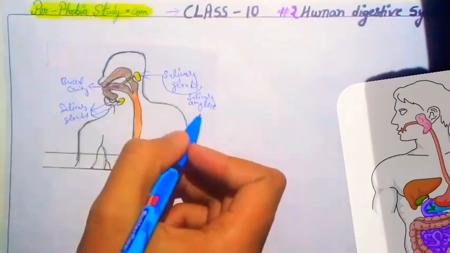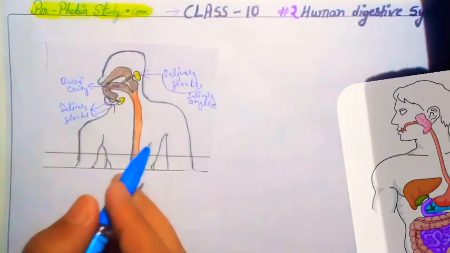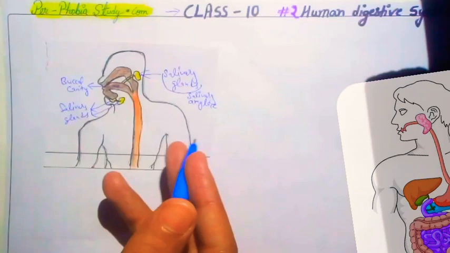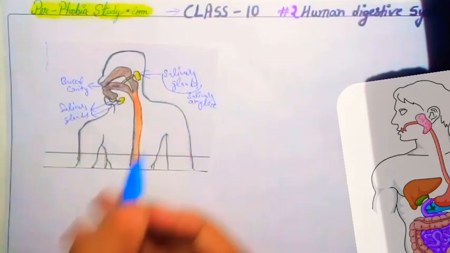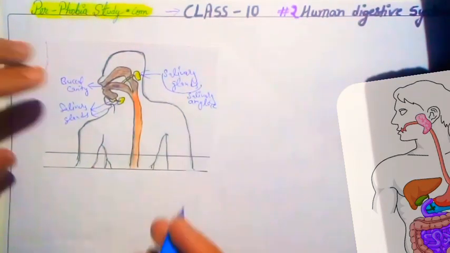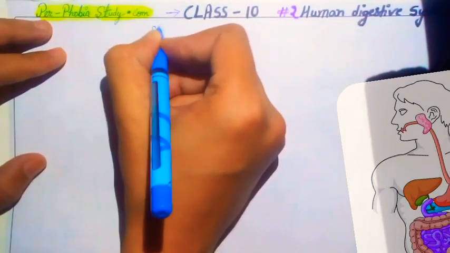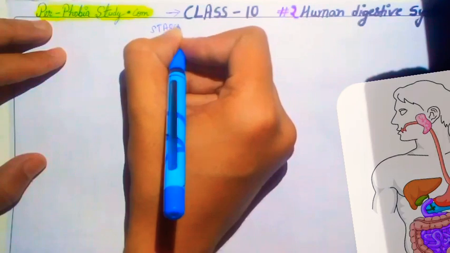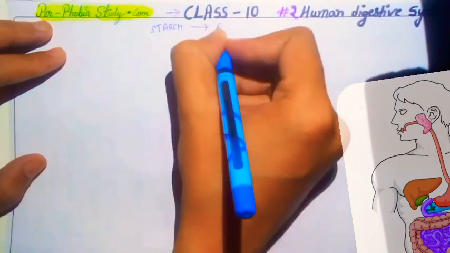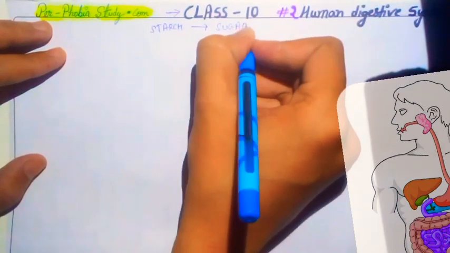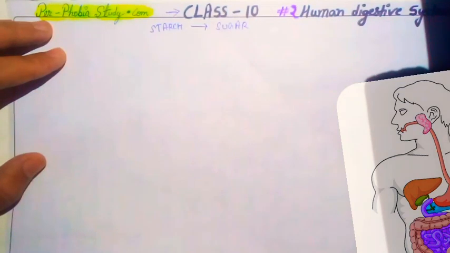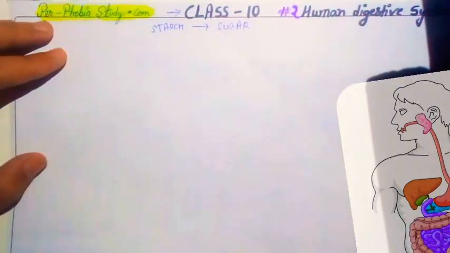Students, this salivary amylase breaks the food from starch into small particles of sugar. From starch to sugar.